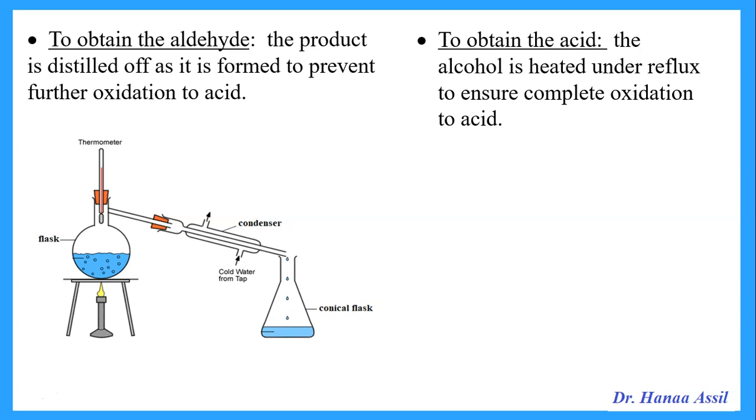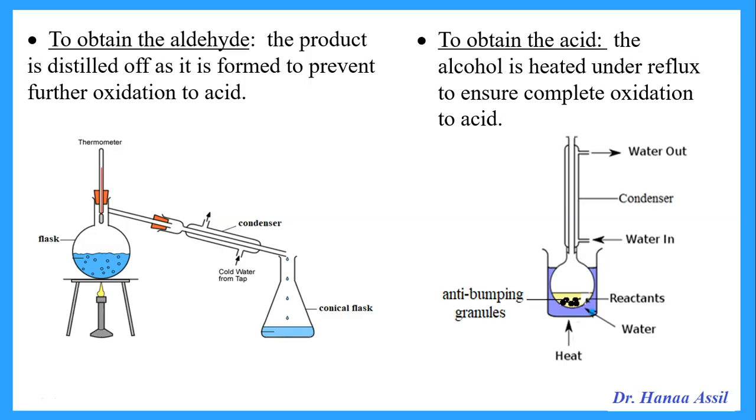But if I want an acid, I need to heat the primary alcohol until it becomes an acid. We need to set up this kind of setup. This is called heating under reflux. So the condenser is now in a vertical position, and we need to do this because alcohols are volatile.